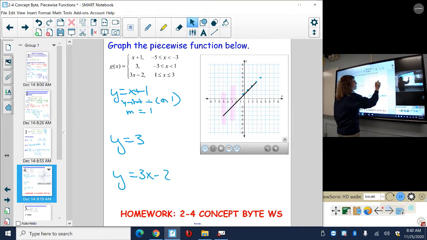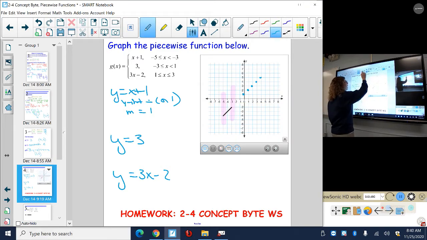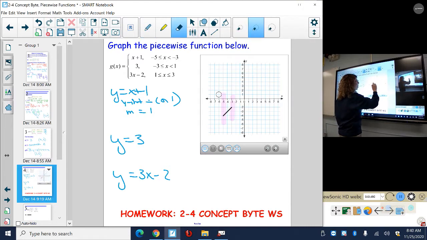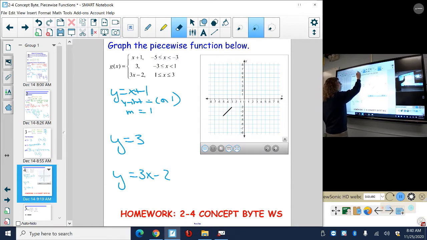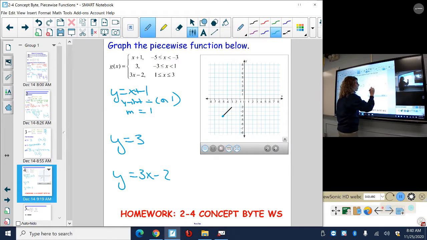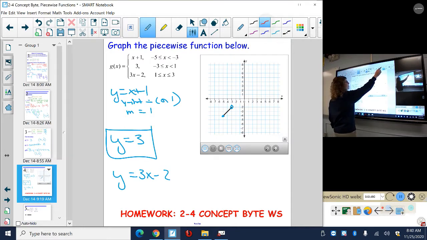Okay, so I'm going to shrink this down, and that's what I'm going to use it from. And I'm simply just going to erase all of those ordered pairs and my lines. So that's what I'm using that from. Now, I need to have a solid dot here, but an open dot right there, because it cannot be that value. Then I'm going to graph this one right here, which is going to be x is equal to 3.